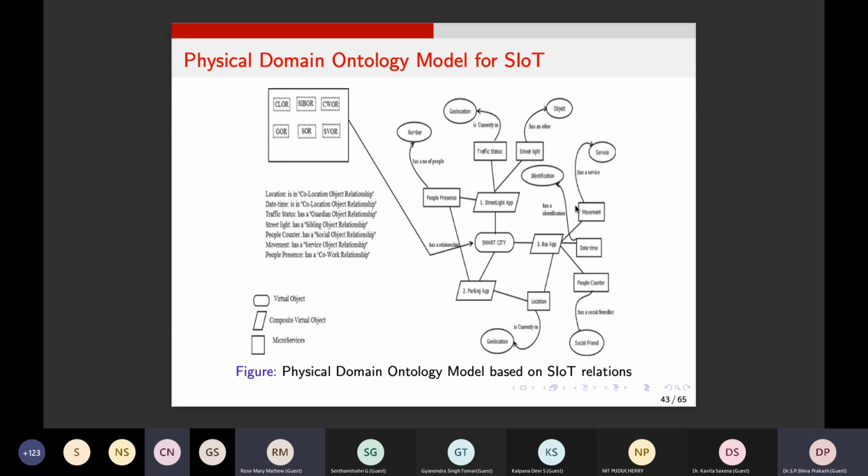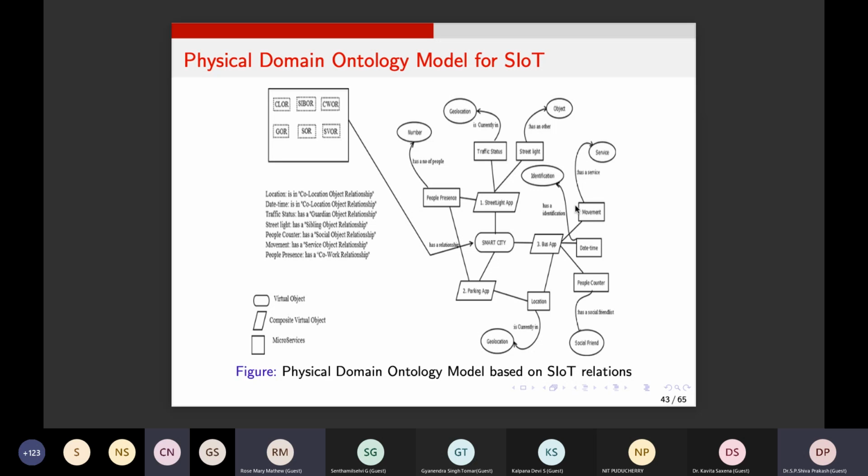And these relationships are further found or identified or established along with the minimal relationship constraints, the basic constraints, like to decide whether it is a co-location or not.